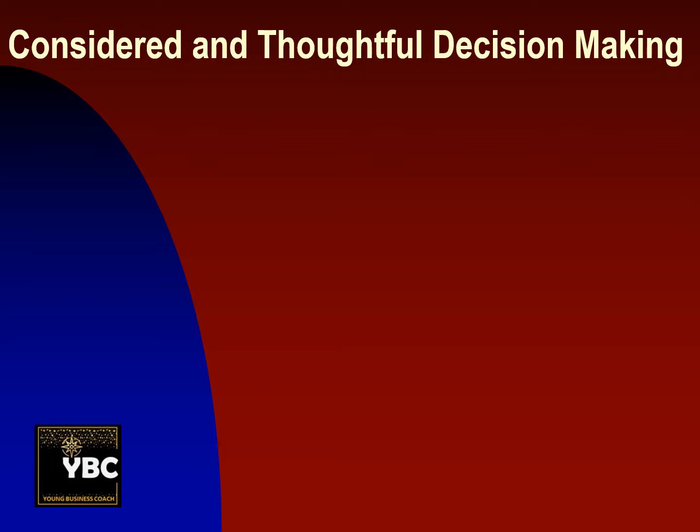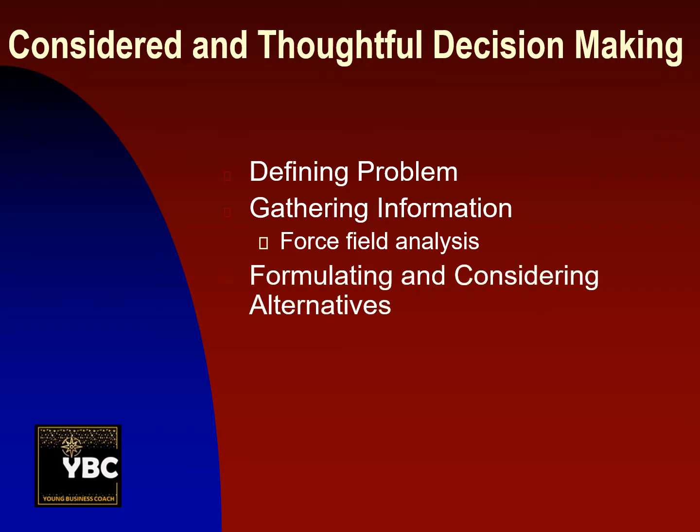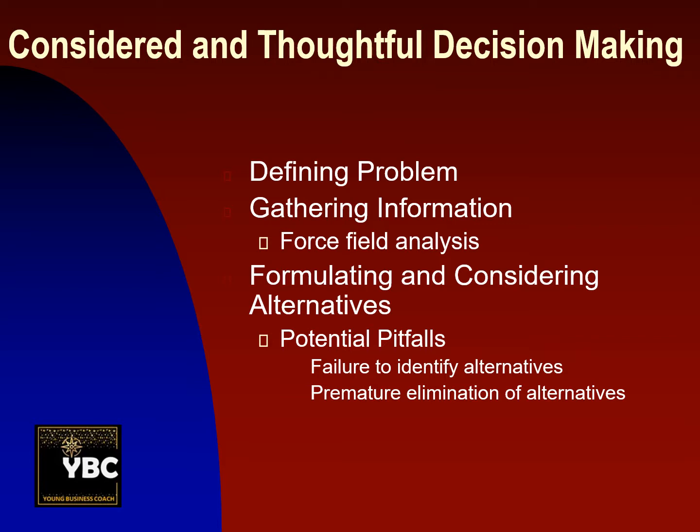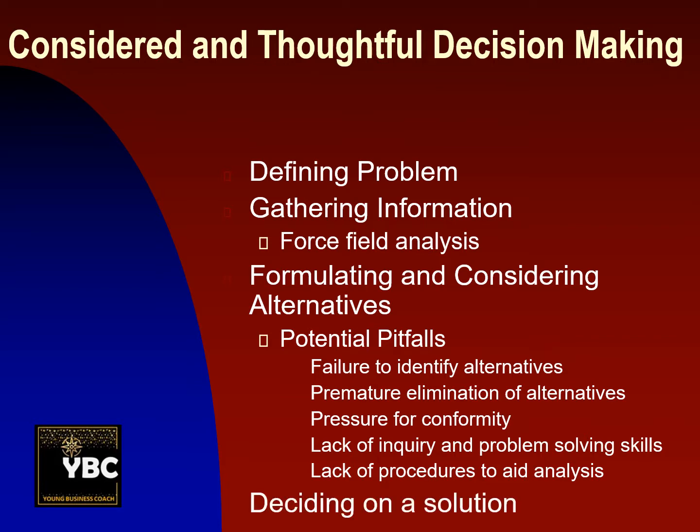Now, considered and thoughtful decision making: defining the problem, gathering information, force field analysis, formulating and considering alternatives. Potential pitfalls: failure to identify the alternatives, premature elimination of alternatives, pressure for conformity, lack of inquiry and problem solving skills, lack of procedures to aid analysis.